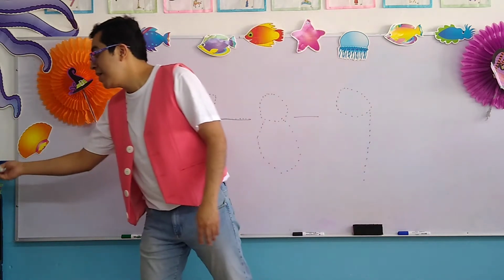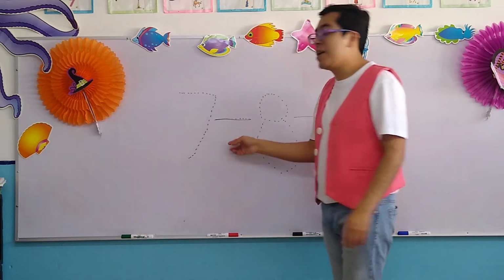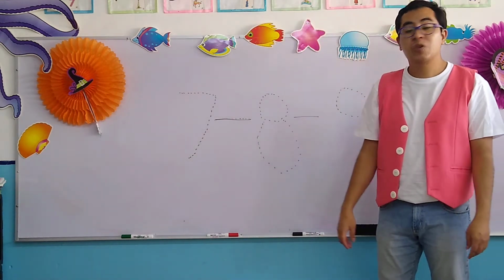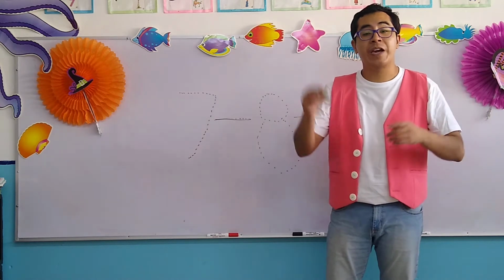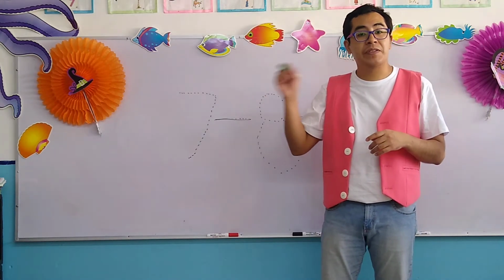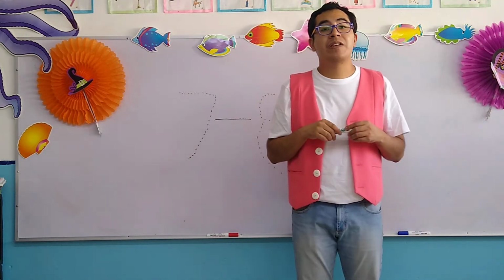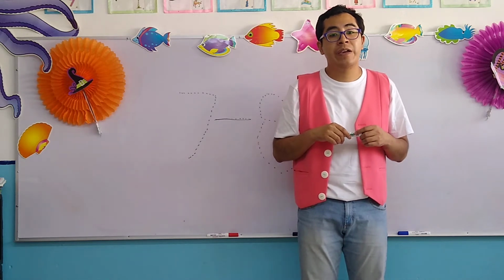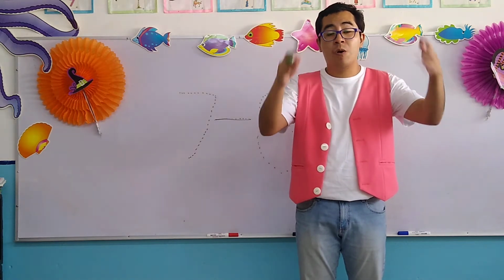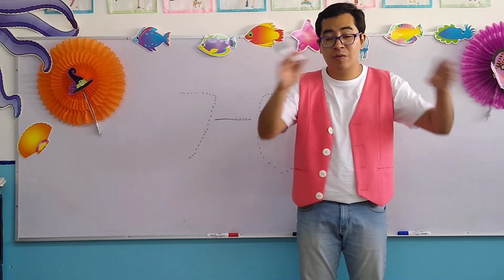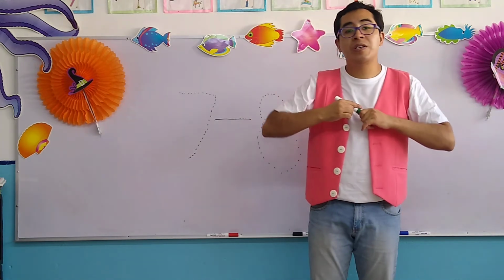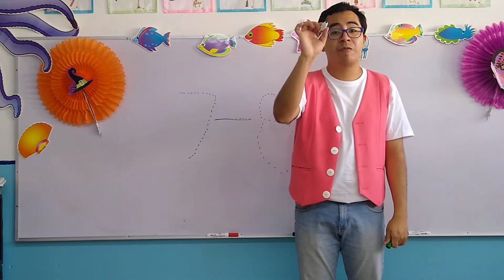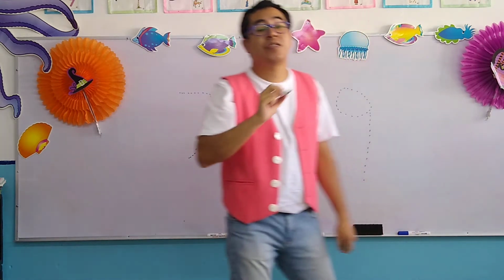So once again, this activity, I put it right here on my whiteboard so you can see how I want the activity to be done, okay? Remember, for these activities, it's very important that you grab a pencil, okay? If you want to work with a color or with a crayon, there is no problem, but I prefer if you use a pencil, okay? So once again, once you have your pencil, grab it correctly, let's start.